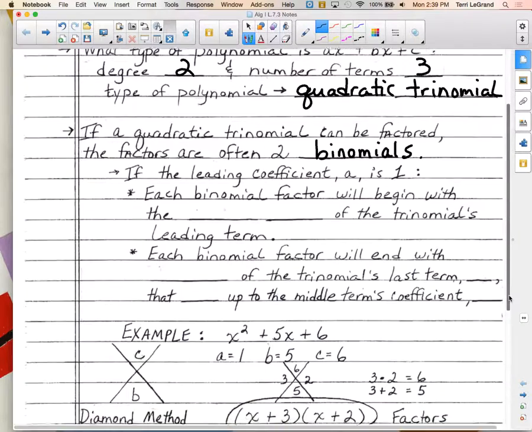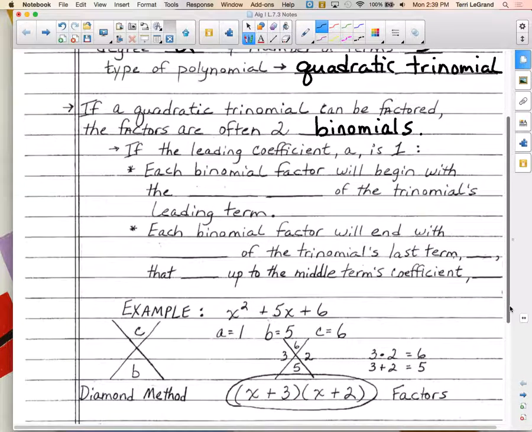So here are the steps we're going to follow. If the leading coefficient a is 1, here's what you can do. You will know that each of your binomial factors in the factored name will begin with the square root of the trinomial's leading term. So if it's ax squared, a is 1, that means it's 1x squared.